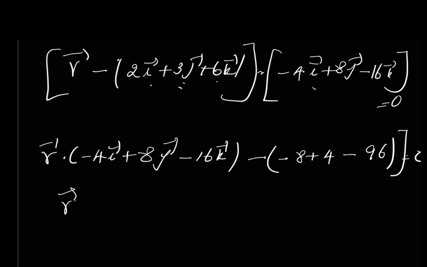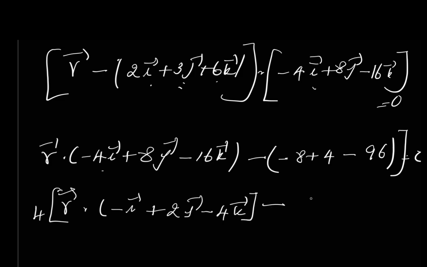So r dot, here you have 4 as a common factor, take 4 outside: 4 times (minus i plus 2j minus 4k). Then, after simplifying, minus 8, just one mistake here, this is 24, so we get minus 80, so that becomes plus 80 equals 0.